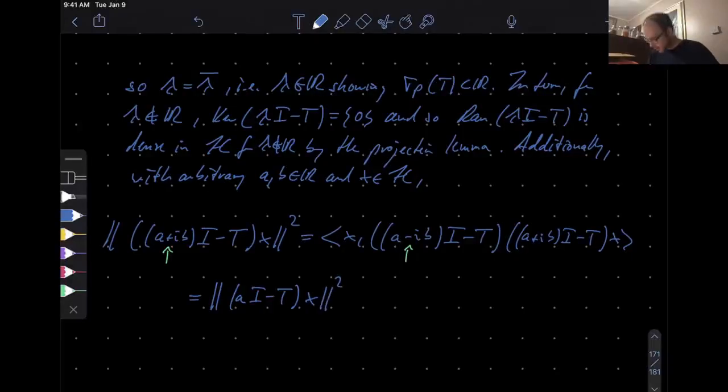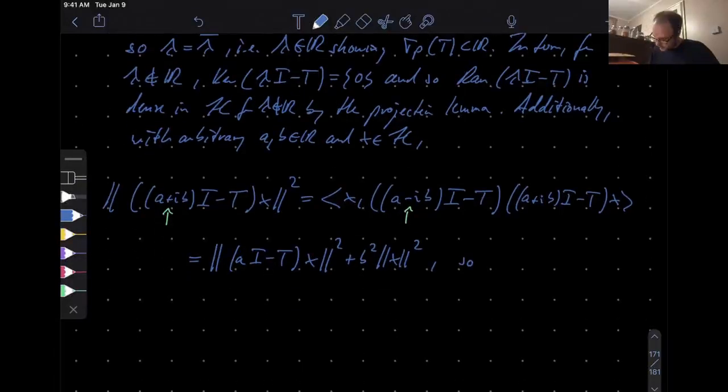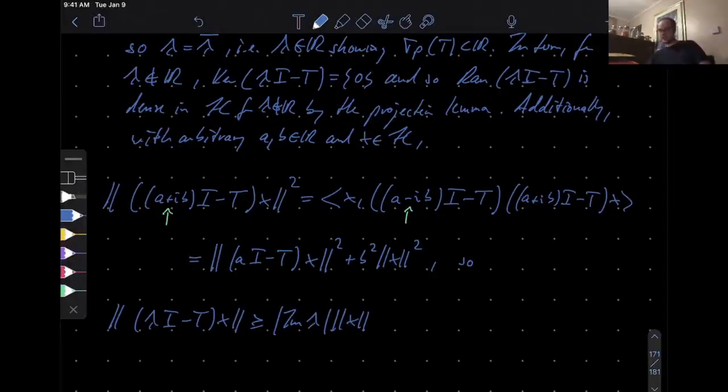So in particular, if you drop a non-negative term, and write it with lambda instead of a, b, then the norm of (lambda I minus T)x is at least, taking the square root, the absolute value of the imaginary part of lambda times the norm of x. That's precisely what we just showed.